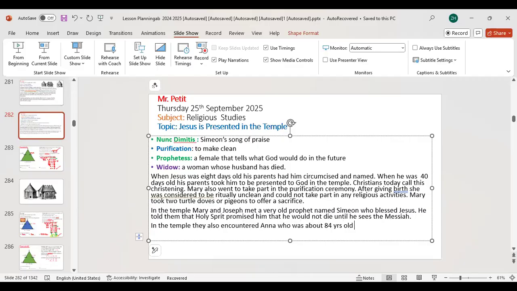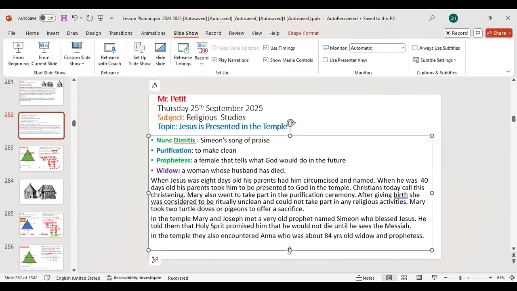She was a widow, meaning her husband had died, and she was a prophetess.